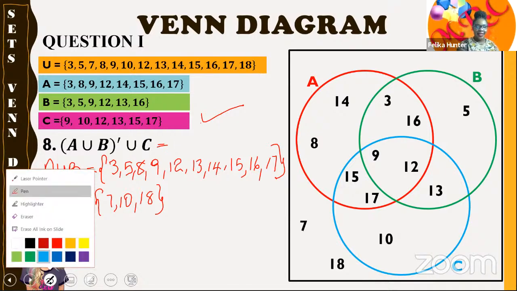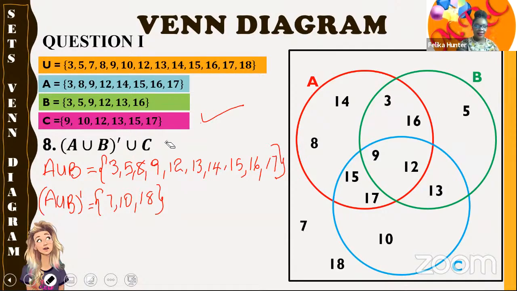We don't need to write it again, save ourselves some time. So let's write our solution now. We're doing A union B complement union with C. So what would be in that set? The union of this set here and that set there.